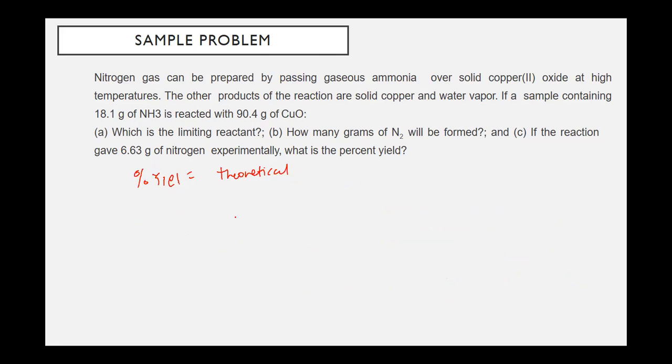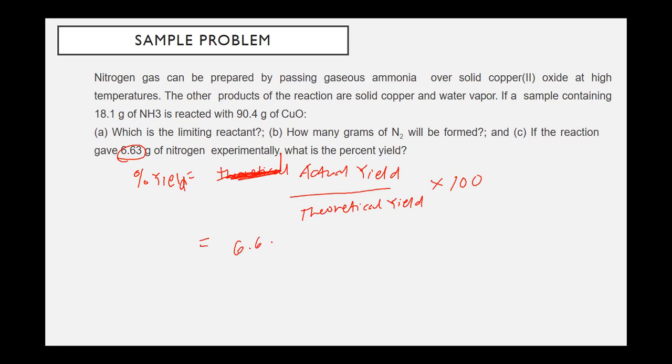So, ayan. Percent yield is equal to actual yield over theoretical yield times 100. Given na yung actual yield natin, just 6.63. And we have computed for the theoretical yield na 10.6 grams. So, times 100.